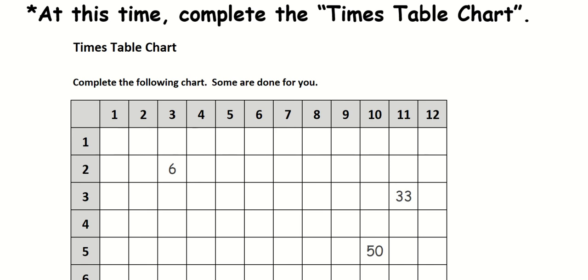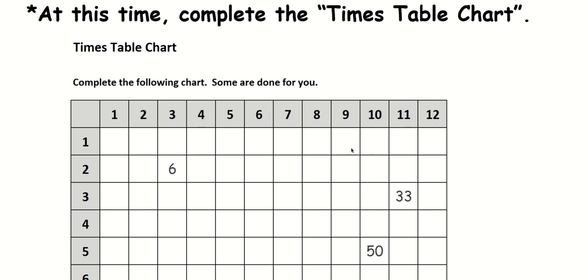Now in class, this is where we would pause my lecture. We would pause note-taking to have you fill out your times table chart. So hopefully if you're at home, you have this handout, this paper with you, and you're going to want to fill this out at this time. All right?